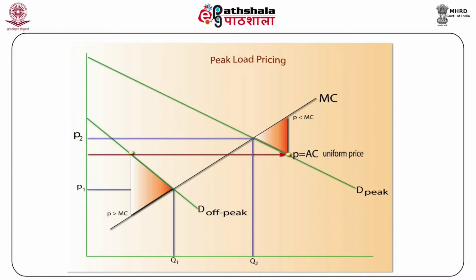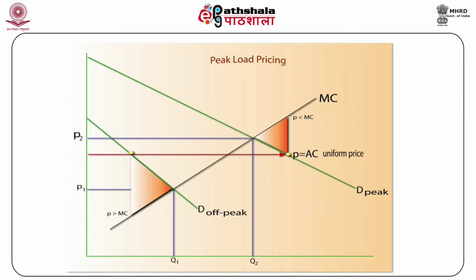Public utilities often follow the practice of peak load pricing, in which the discrimination base is related to the time when the service is provided, temporal. To understand the application of peak load pricing on monopoly regulation, we begin with a brief discussion on natural monopoly.